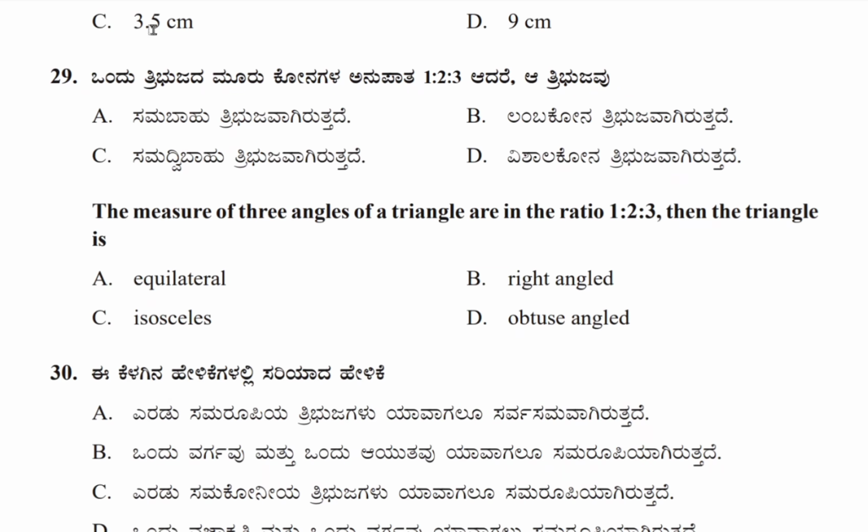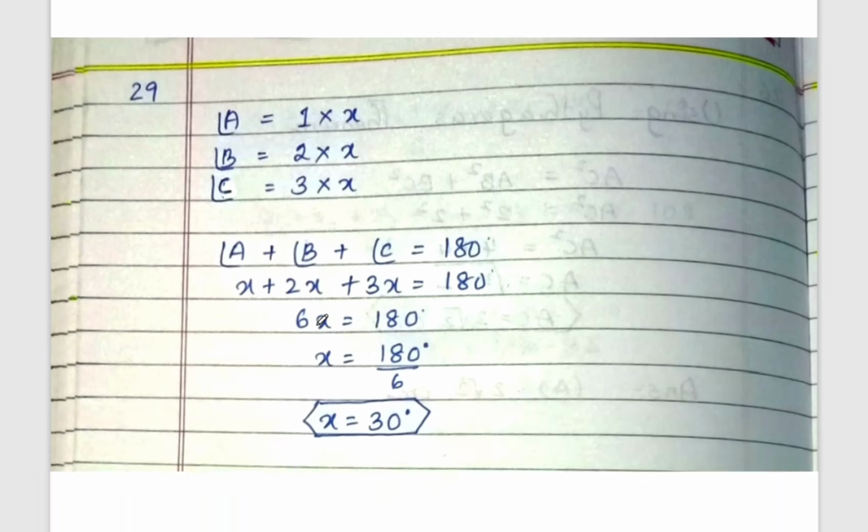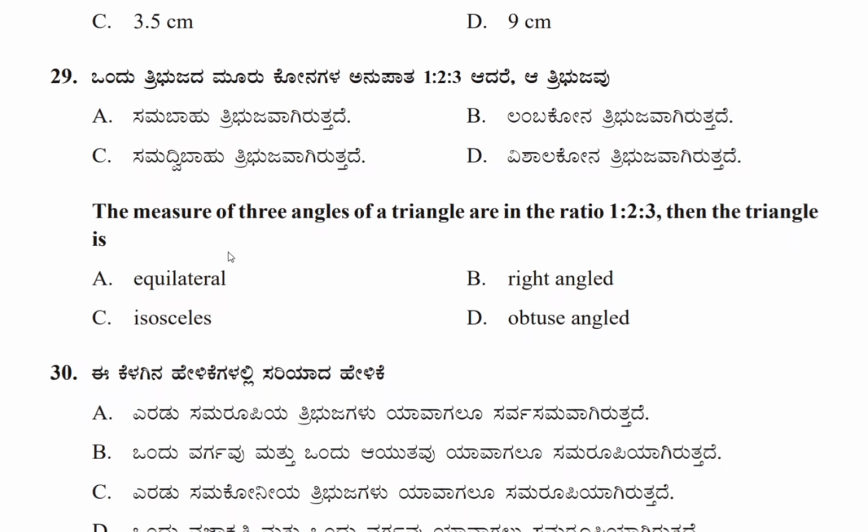Now moving to next question. Question number 29. The measures of three angles of a triangle are in the ratio 1:2:3. Then the triangle is.